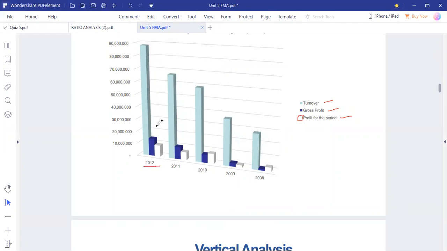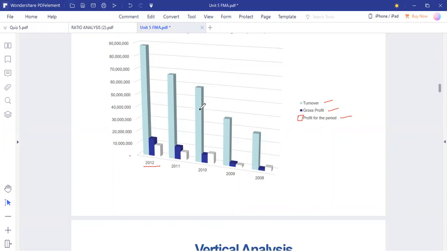The sales turnover is high and it goes to our gross profit, then finally the profit for the period. Here we have the turnover, which is highest, and the gross profit, then followed by our profit for the period.